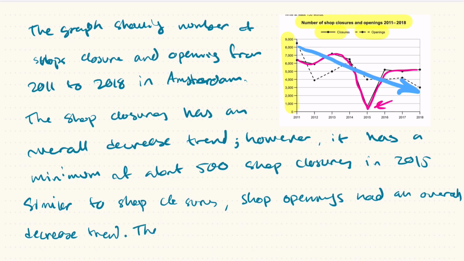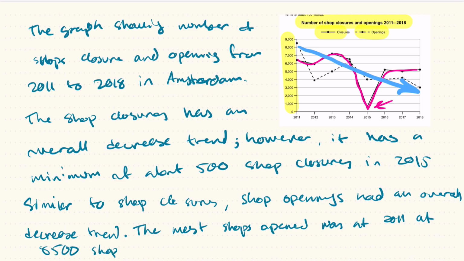The most number of shops being opened was in 2011, or the biggest number of shops that opened was in 2011, at about 8,500 shops, and the minimum was 2018 at about 3,000.